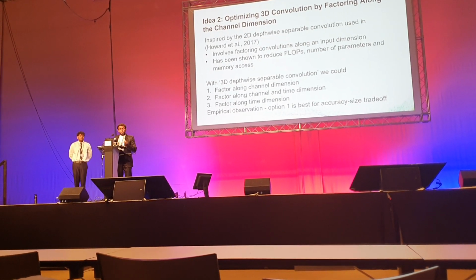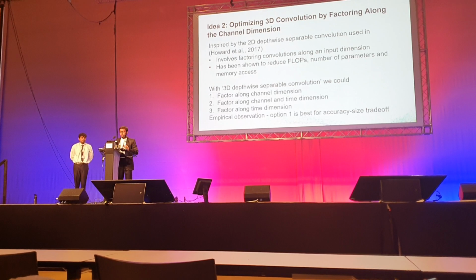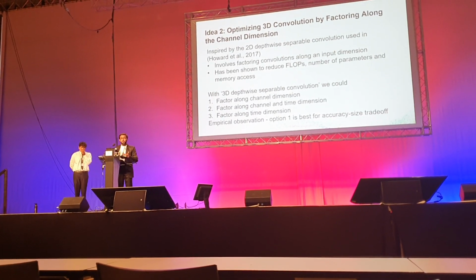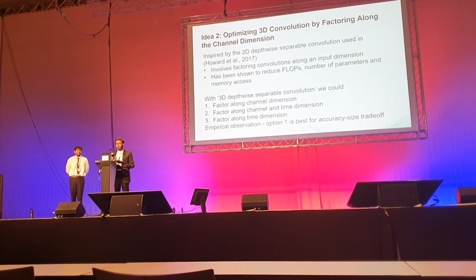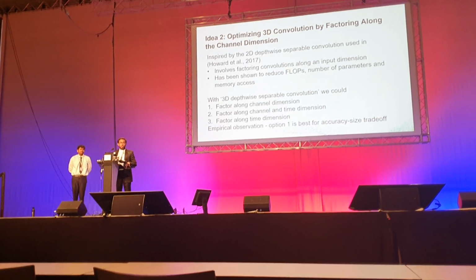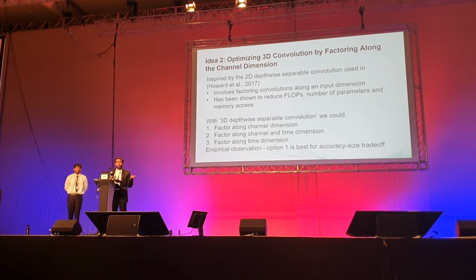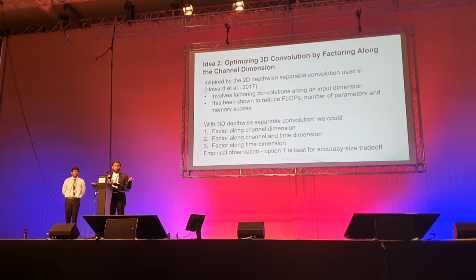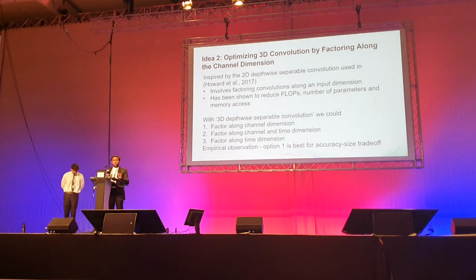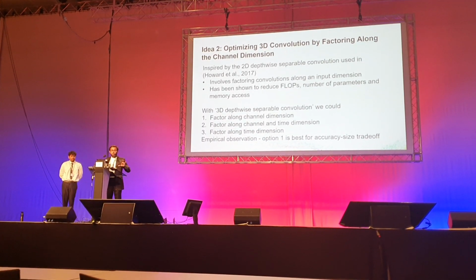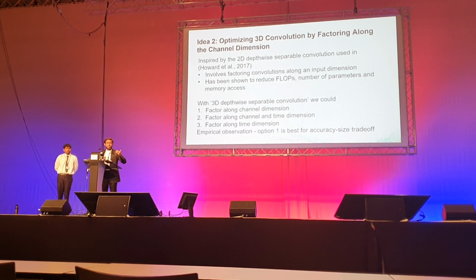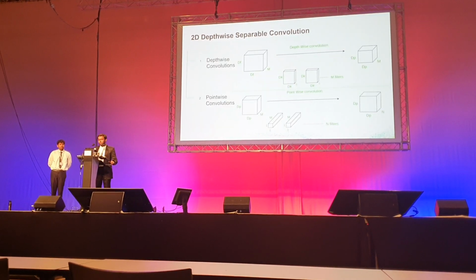So by performing various experiments, we found out that the third technique works. It gives the best accuracy and size trade-off. So our 3D convolution layer, the 3D depth-wise convolution layer which we are going to use in MobiVSR, is essentially a 2D depth-wise convolution layer along with a factorization in the time modality.